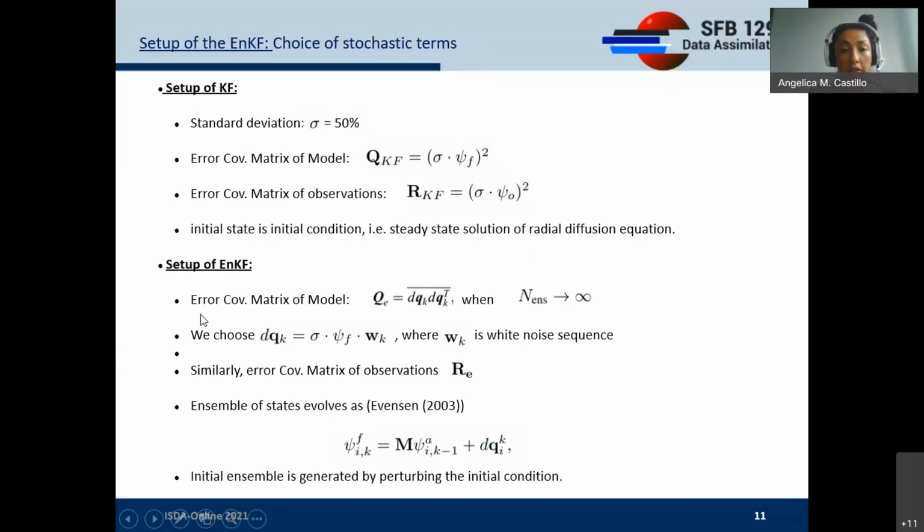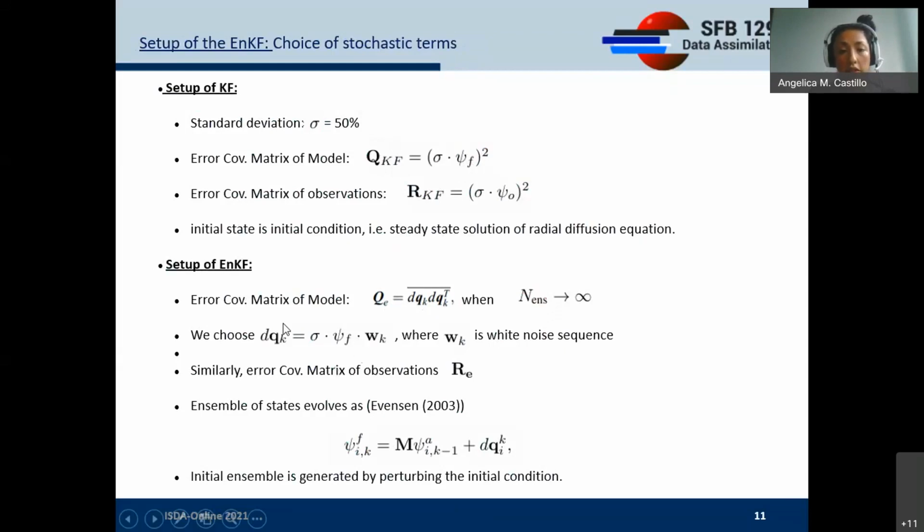And so in order to make these two filters comparable, we build the error covariance matrix of the model of the ensemble, as suggested by Evensen. And these matrices should converge to the error covariance matrix of the Kalman filter in the limit of infinite ensembles.